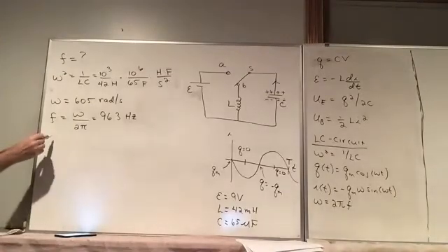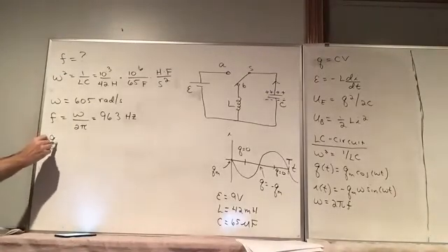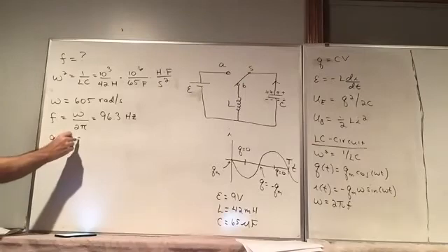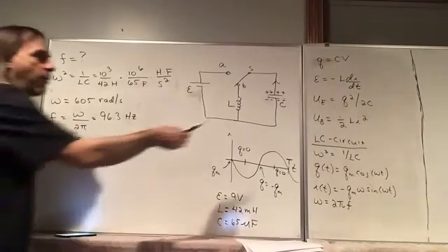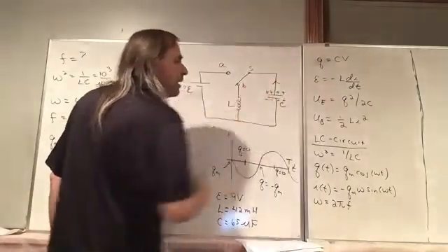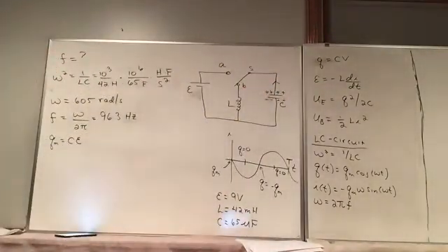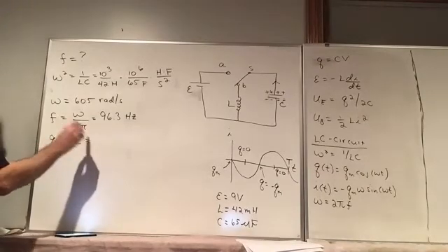So the maximum charge is going to be C epsilon. Whatever the voltage across the capacitor is depends on the charge. Well, we know the maximum voltage is just going to be the EMF of the battery. So we can find the maximum charge on the capacitor.